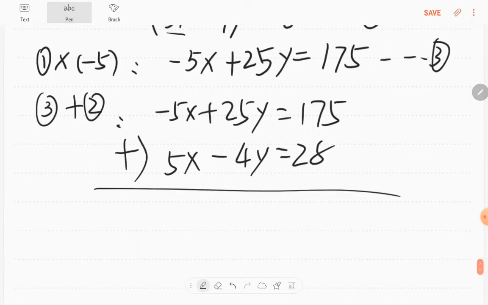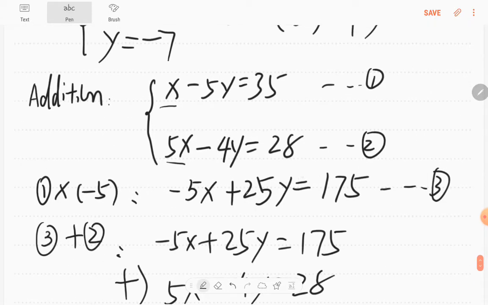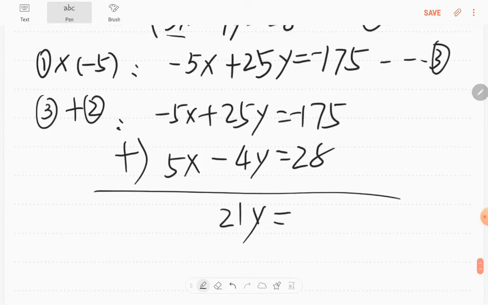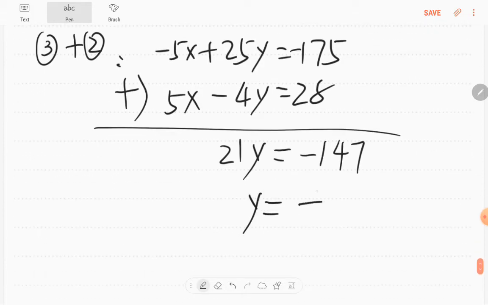See, if you add together, you will have 21y equals, so here should be multiplied by negative 5, so it's negative, right? So the same thing, you have negative 147. So y equals negative 7.